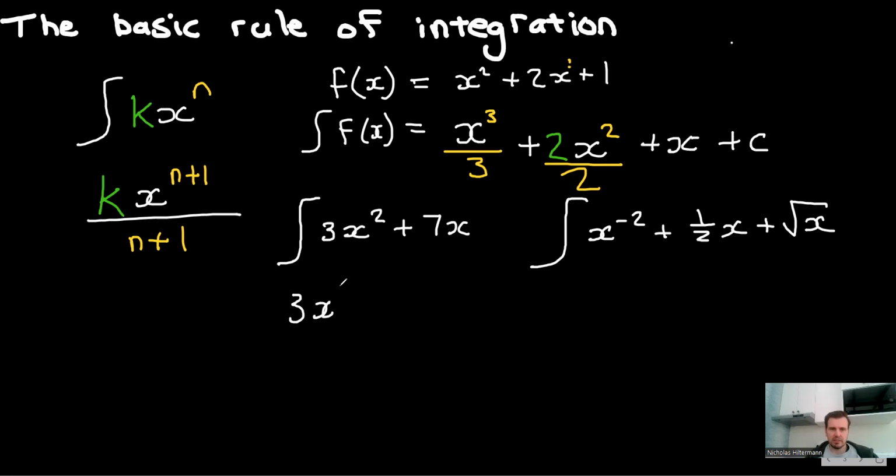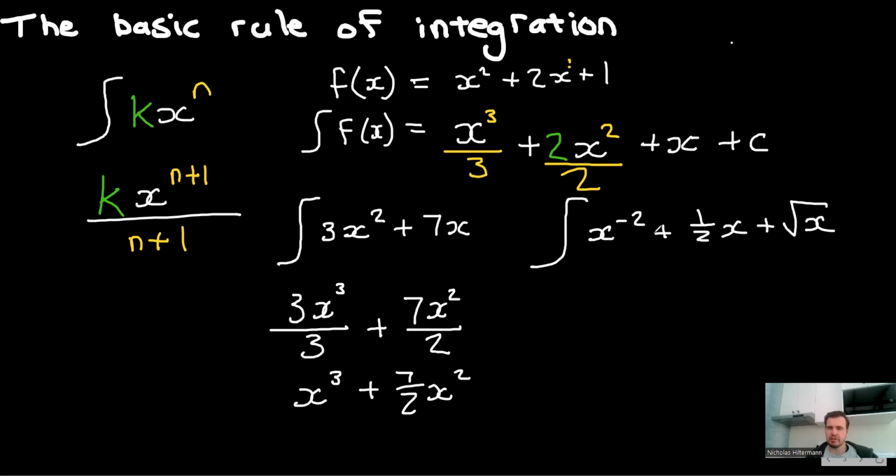We add 1 to the 2, and then we divide by that exponent, which was 3, plus, and then 7, bring down the 7. We add 1 to the x, so that becomes x to the 2, and of course we divide by that 2. Okay, and that would be the integral of this, which simplified, 3 over 3 is just 1. And so we have x cubed plus 7 over 2 x squared.